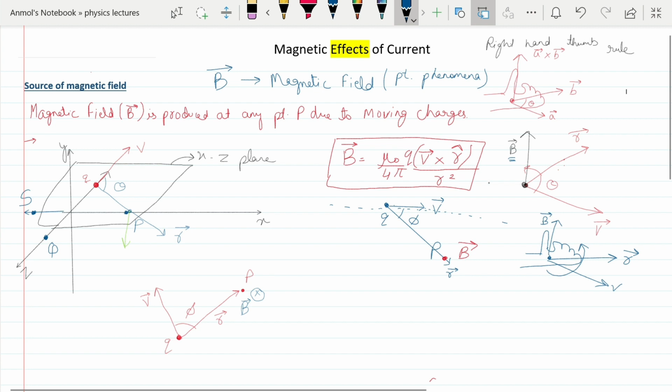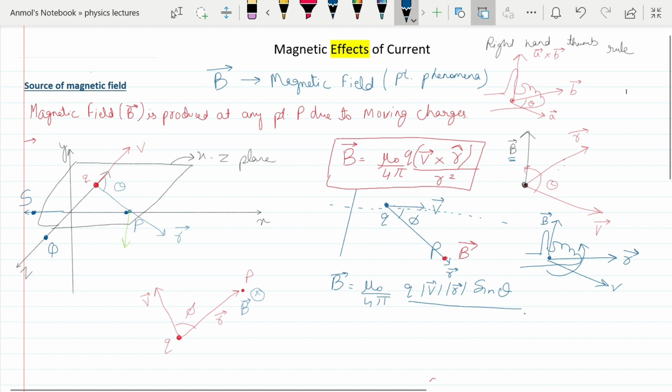If I want to write this same formula in terms of, see, this is the formula. If I want, I can write this further as B is equal to mu naught upon 4 pi, Q, magnitude of V, velocity vector, magnitude of R into sine theta.